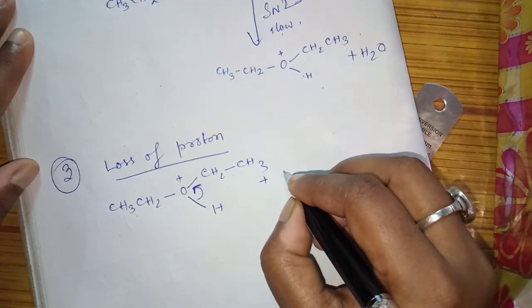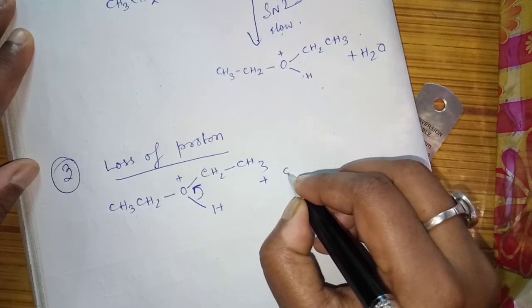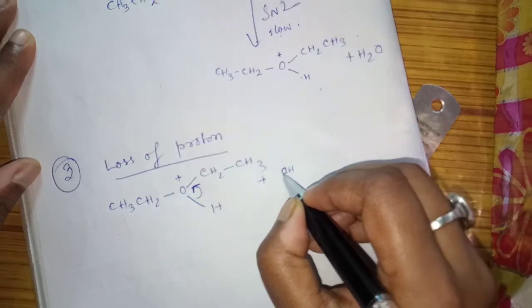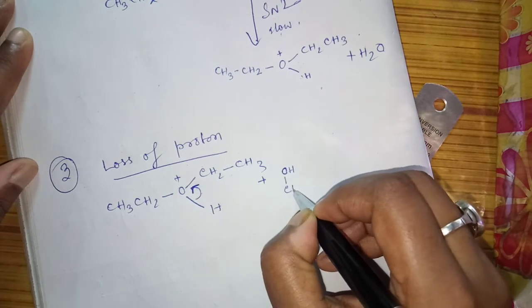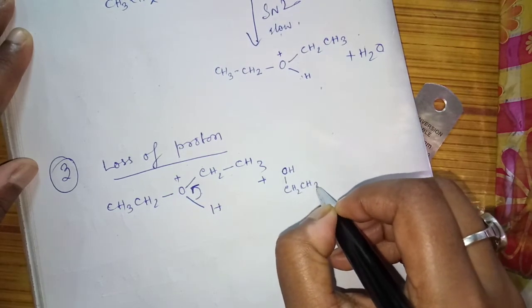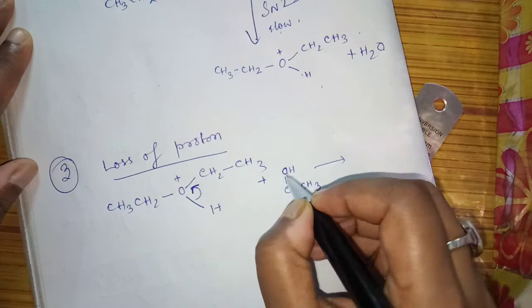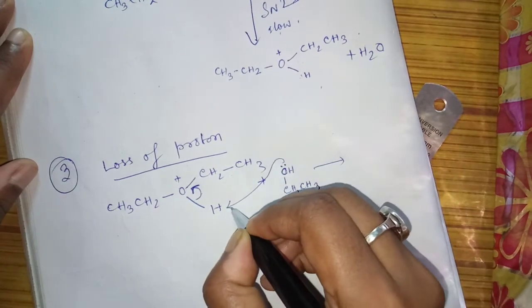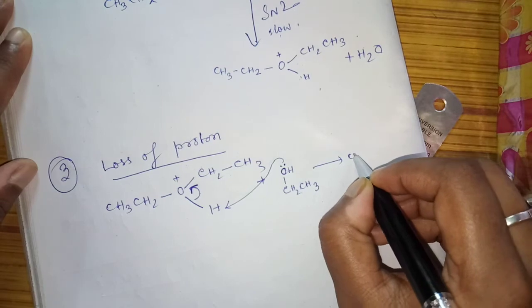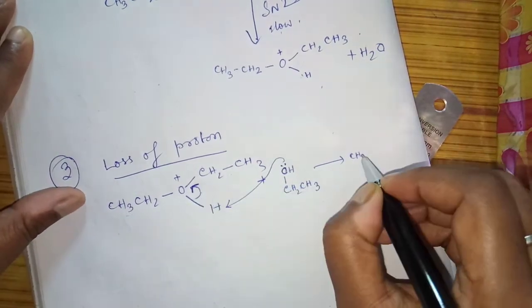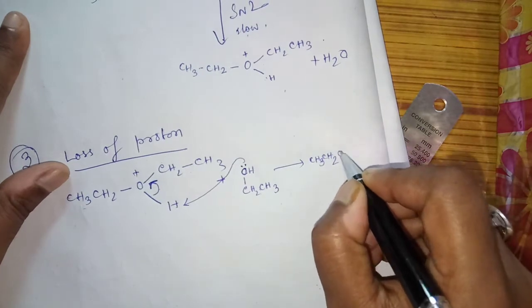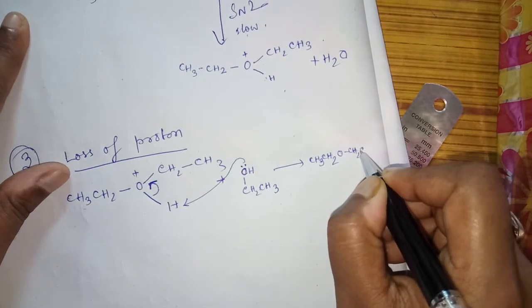what will happen? See, another molecule of alcohol, suppose here OH is there, okay, and here CH2CH3, another molecule, it will take this H plus, and ultimately we will get CH3CH2OCH2CH3.